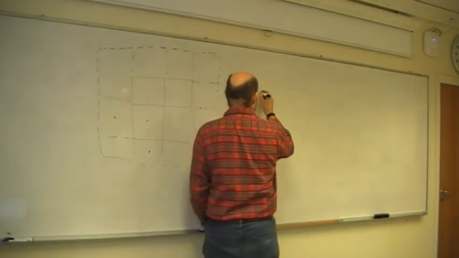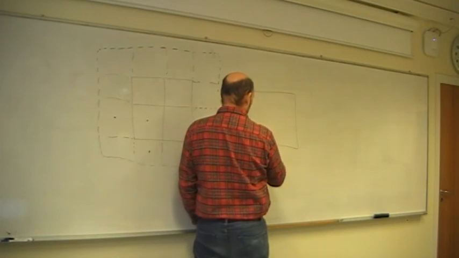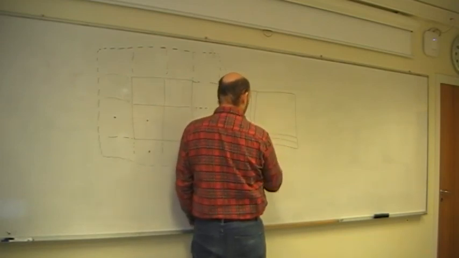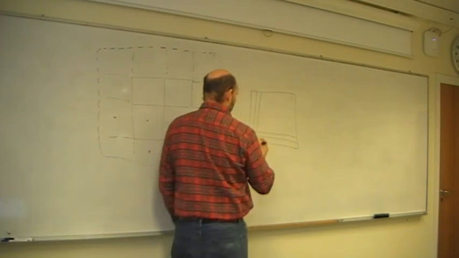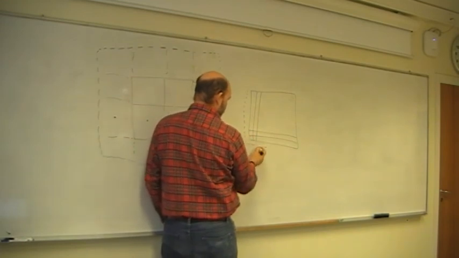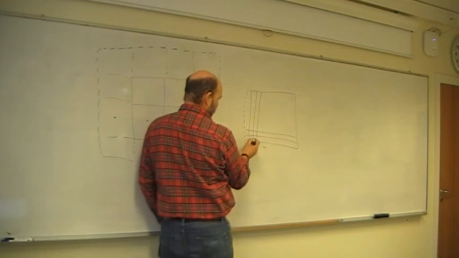So on a fine mesh level, I will draw all the lines here. You have to do then again boundary cells like this, and again a corner point.